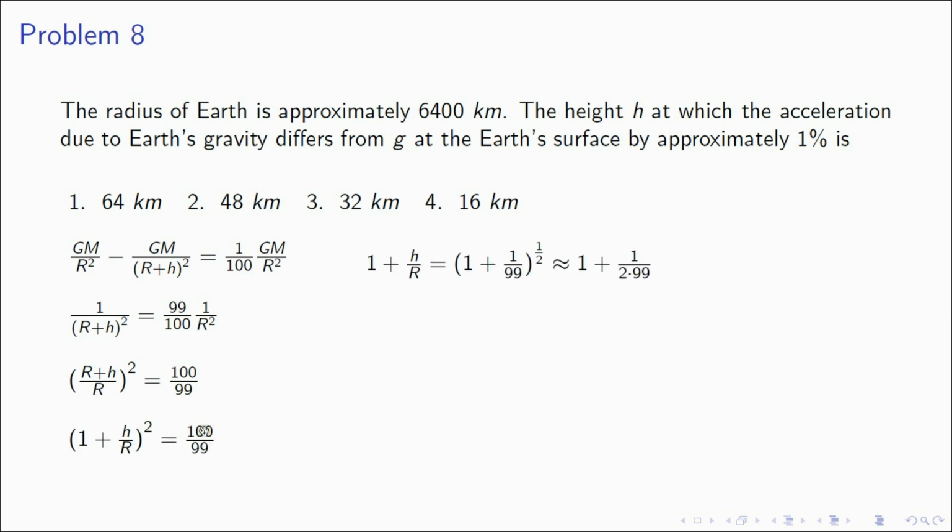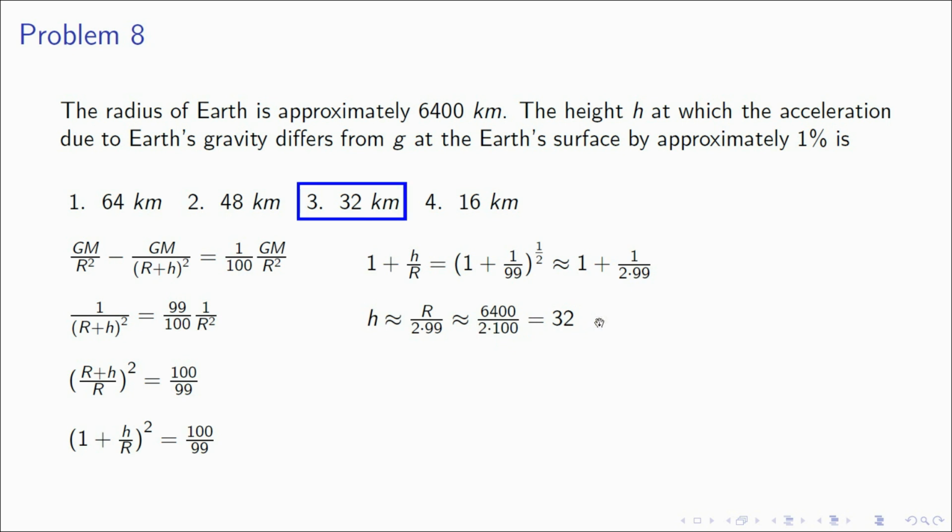So this side you can write 1 plus 1 over 99 to the power half, and then you can do a binomial expansion and just retain the first term. The higher order terms will be very small. Then you can equate h by r equal to this, which is approximately 6,400 by 200. 99 is approximately 100, so you'll get 32. So this is the right one.